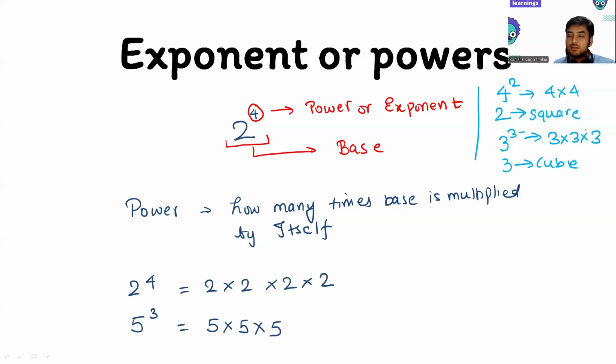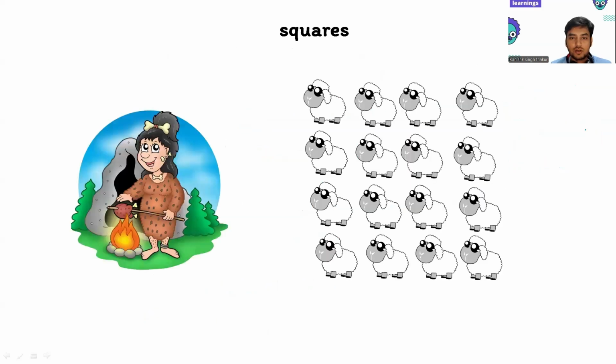So in geometric terms, power 2 or square is actually the area of a square whose side is equal to the base length, that is 4 here. Okay. And cube is actually the volume of a cube whose side is 3. Whatever your base, that becomes its edge. Okay. But yeah, in area you have units also. Here you do not have units. Okay. So for 4 squared, suppose I have 4 rows and 4 columns.